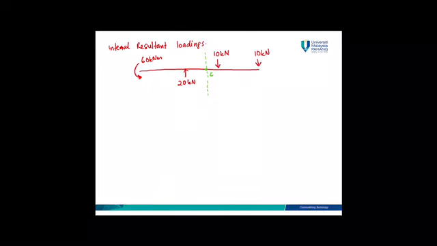If I start from the left, then I have 60 kilonewton meter, 20 kilonewton, and also the internal forces. This is point C, NC, VC, and also a moment.